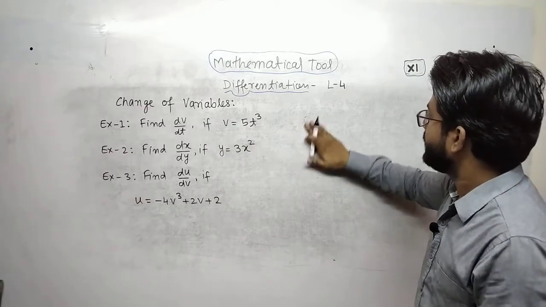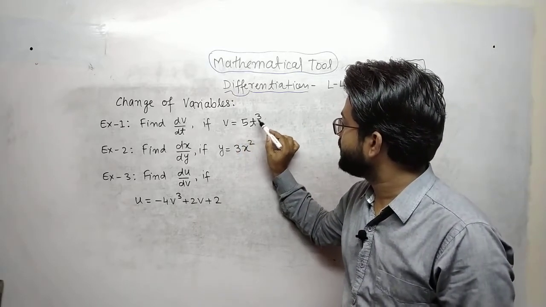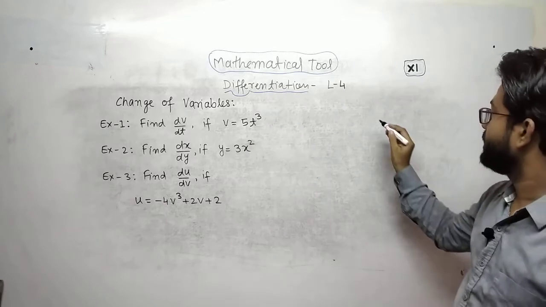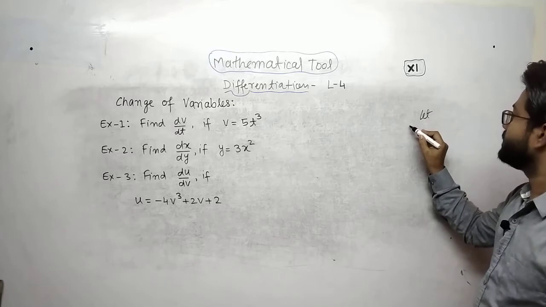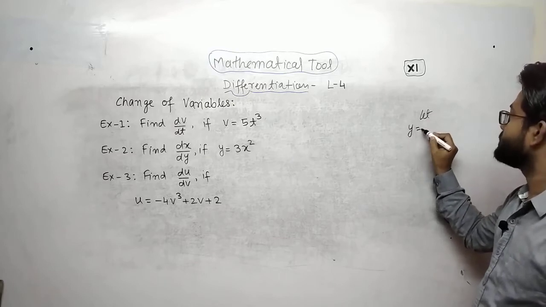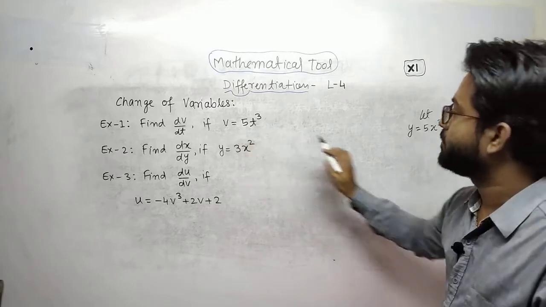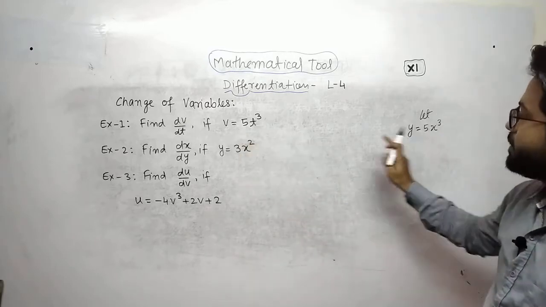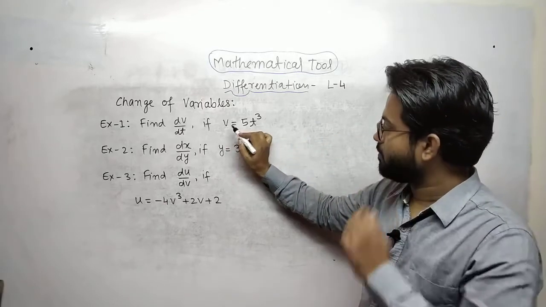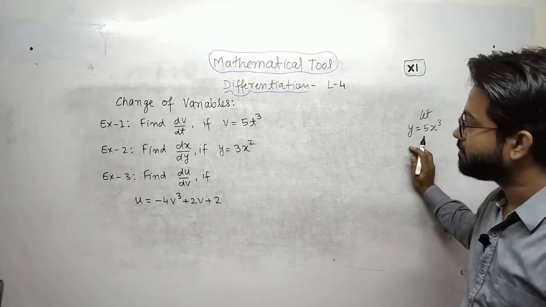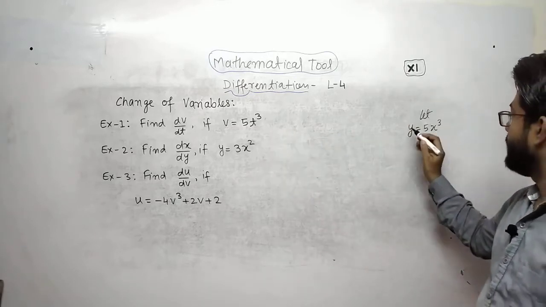If the function is v equals 5t cube, let us suppose y equals 5x to the power 3, like that. If the function is like that, similarly in place of v we have taken y, and in place of t we have taken x.